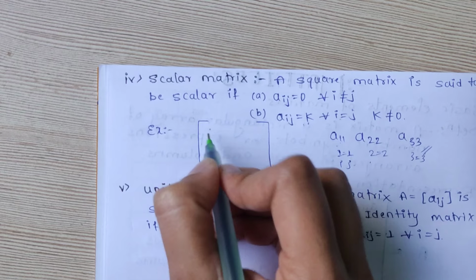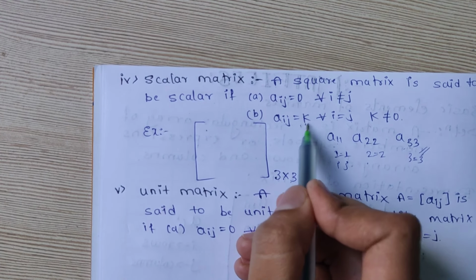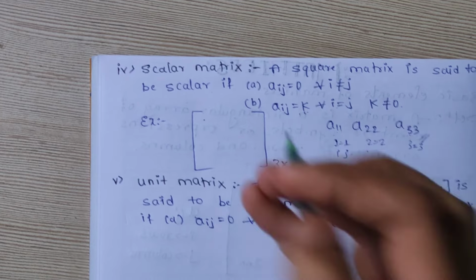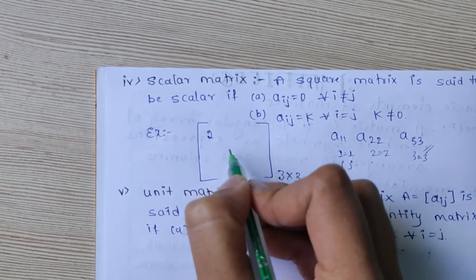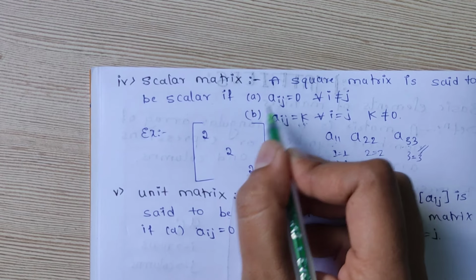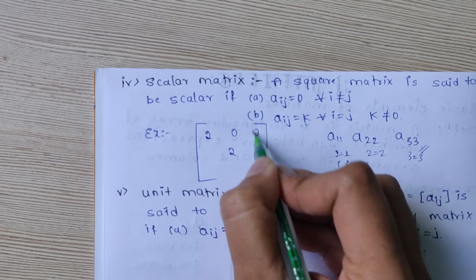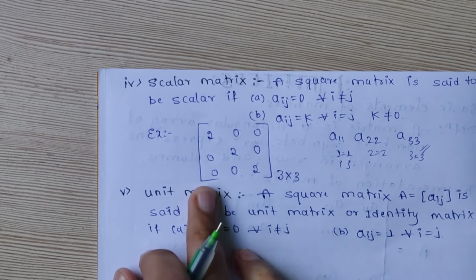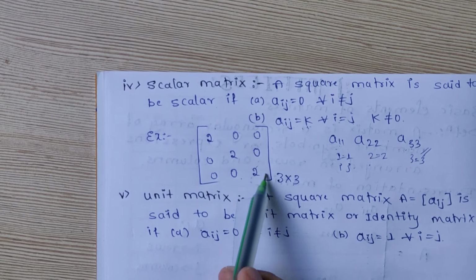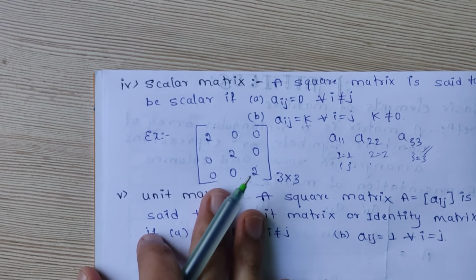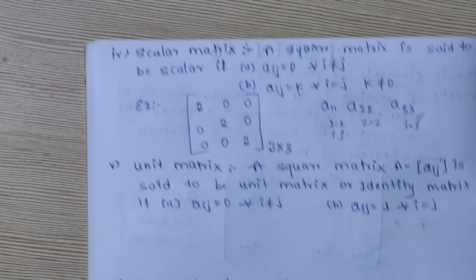So those elements should be k, meaning any element, but they all should be the same. You can take 2, 2, 2 here. The rest should all be 0. So this is a scalar matrix. If all the diagonal elements are the same, we call it a scalar matrix.